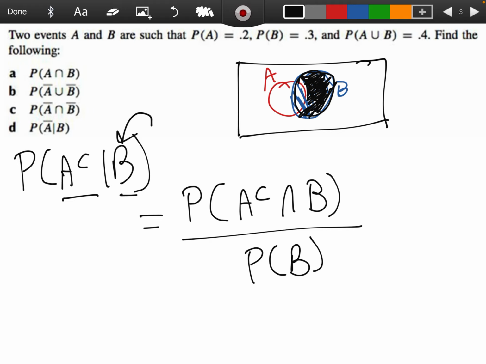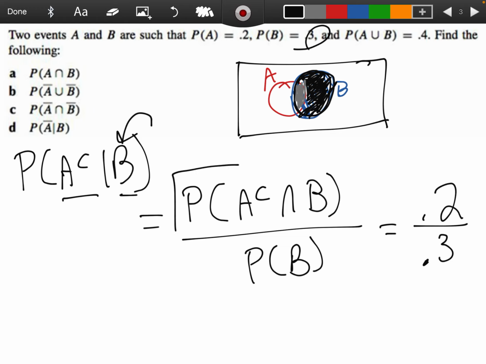Well, we know the denominator already is 0.3. Incidentally, what's the numerator, just going based on intuition? Well, if the whole of B has a probability of 0.3, and we've seen in an earlier stage that the part we're leaving out, A intersect B, is 0.1, then the numerator is going to have to be 0.2, right?